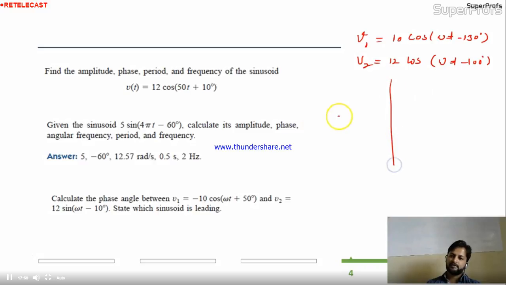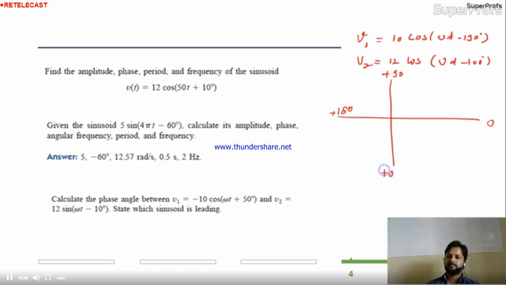So it's like this: here is 0, plus 90, plus 180, plus 270, and this is 360 degree. Now we have the angle minus 130. This is minus 90, and in this way we have to move clockwise, and here I'll get minus 130.